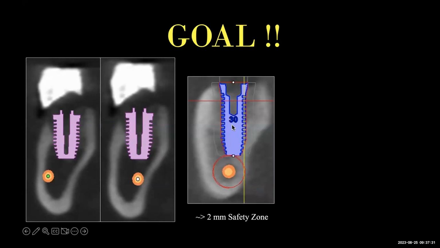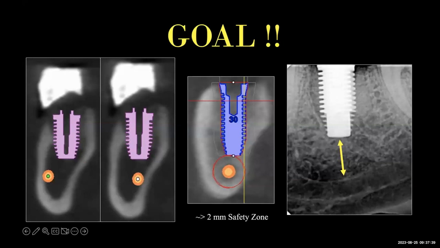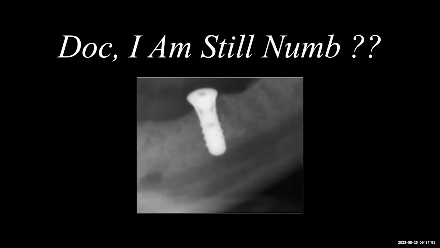So if you try to place an implant closer, at least guided, the program just won't allow that. So if you want to stay on the safe side, stay more than 2 millimeters away, and then you don't have to worry about complications with a neurosensory impairment.